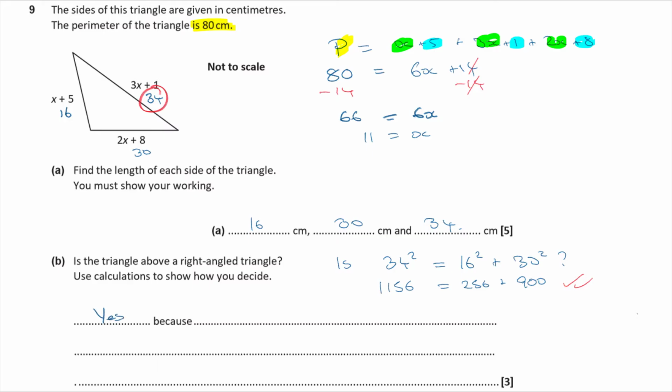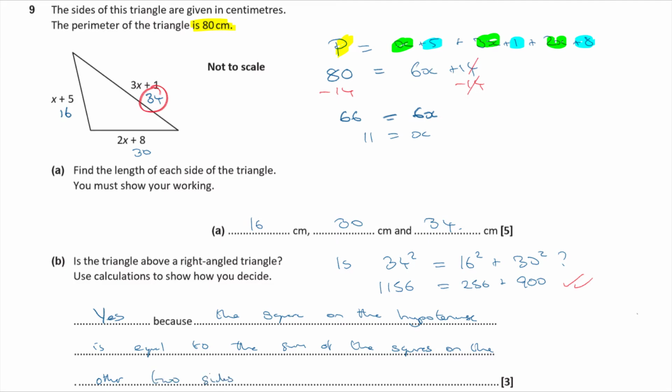Yes, because the square on the hypotenuse is equal to the sum of the squares on the other two sides.